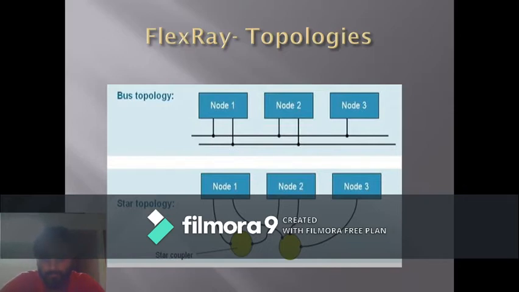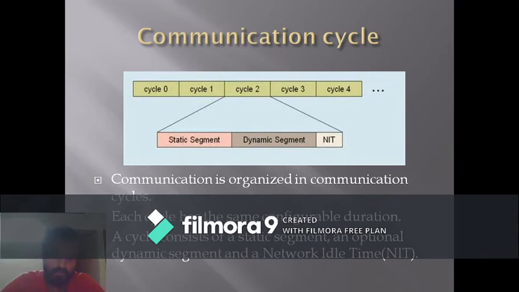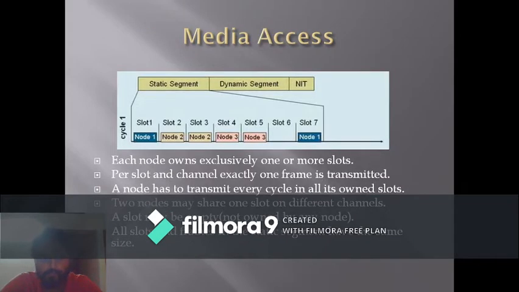Then when you look into the communication cycle, a cycle comprises a static segment, dynamic segment, and the network idle time. Each cycle has a configurable duration. Then let's look into the static segment.